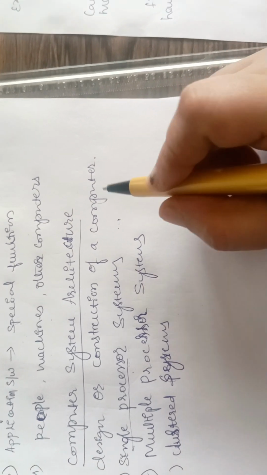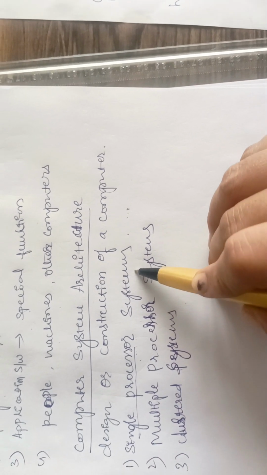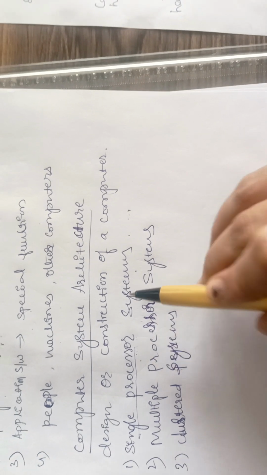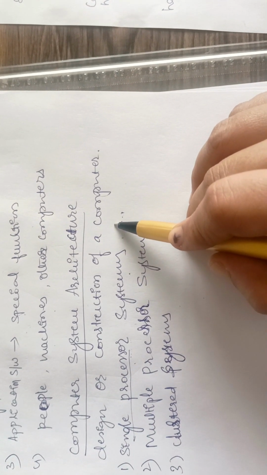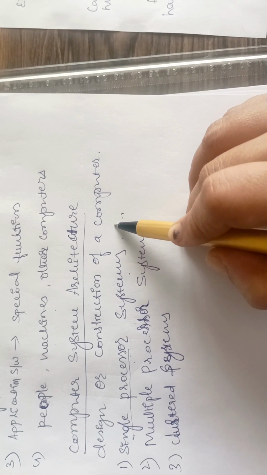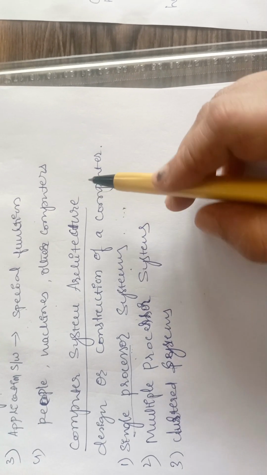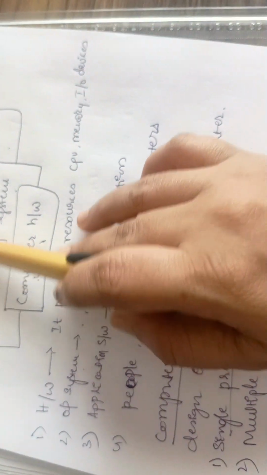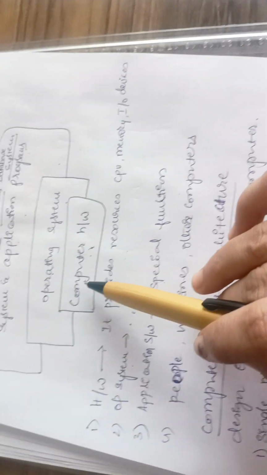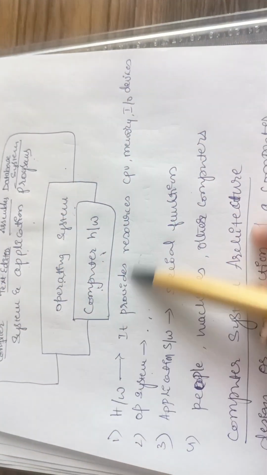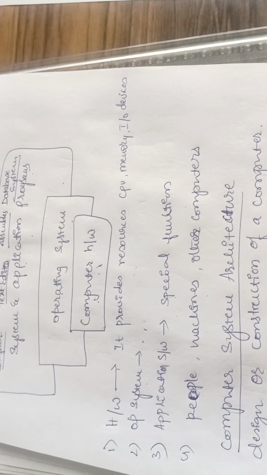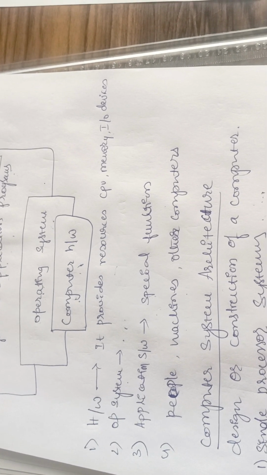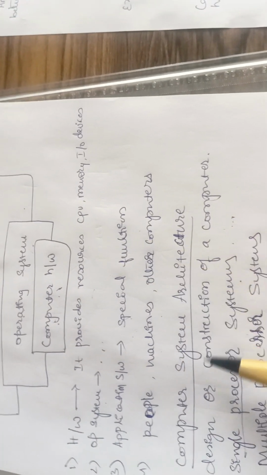Like the components we have already studied: system and application programs, the operating system, and the computer hardware. These are the components of a system.